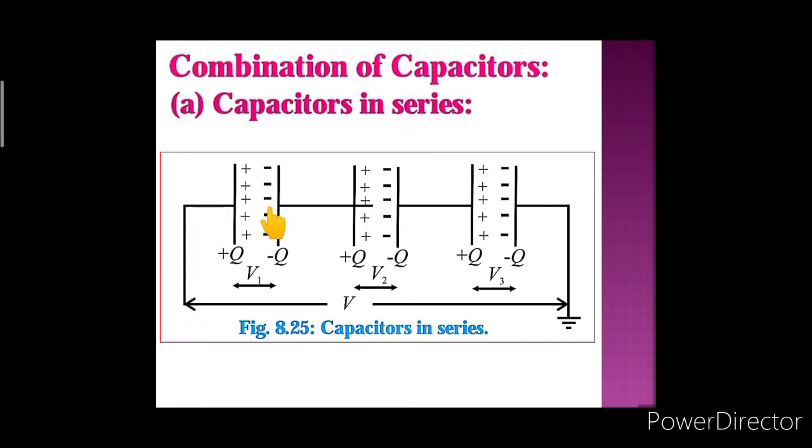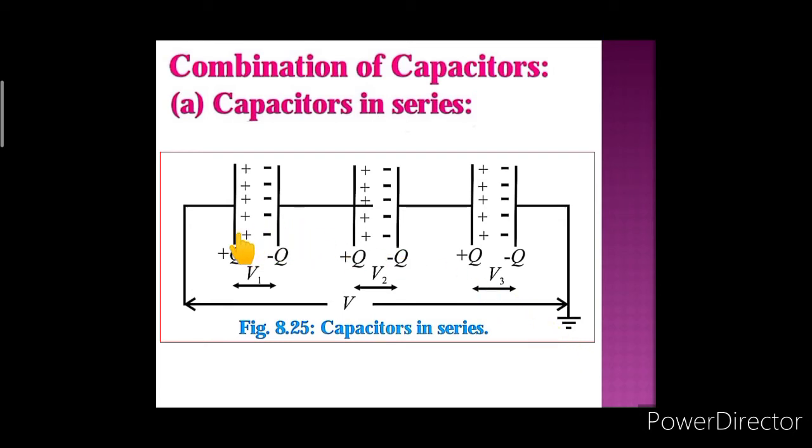The second plate of the first capacitor is connected to the first plate of the second capacitor, and the second plate of the second capacitor is connected to the first plate of the third capacitor, and the last plate, that is the second plate of the third capacitor, is connected to the earth.